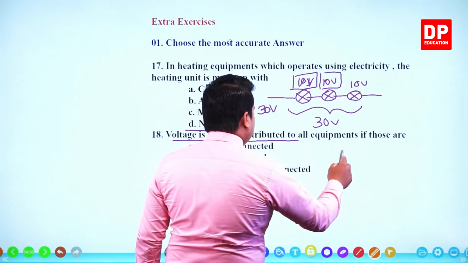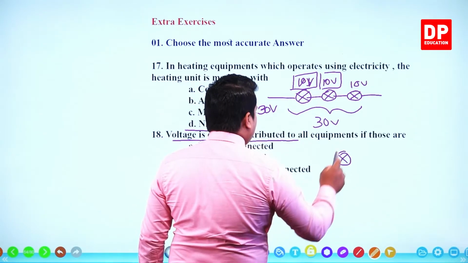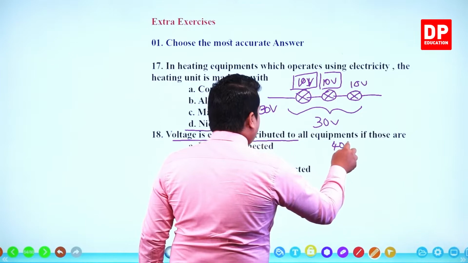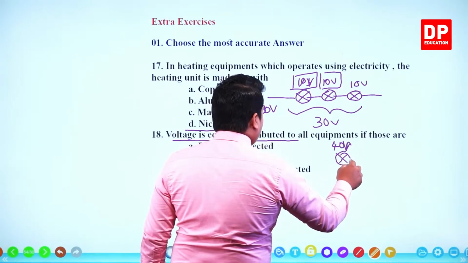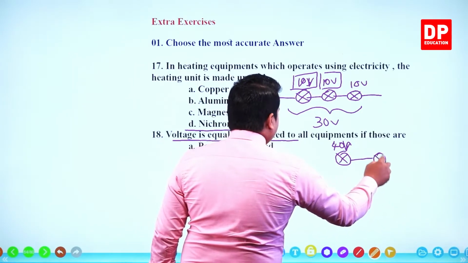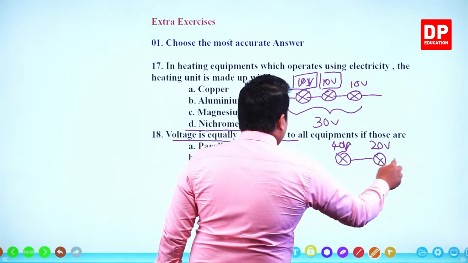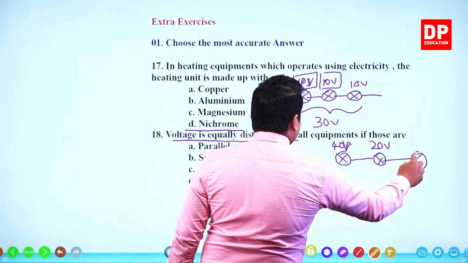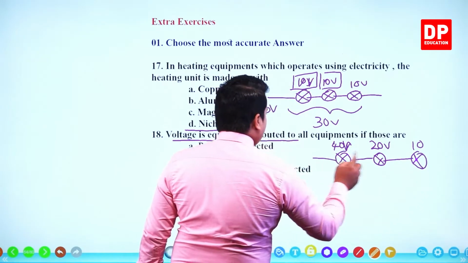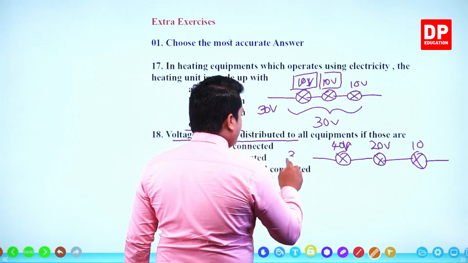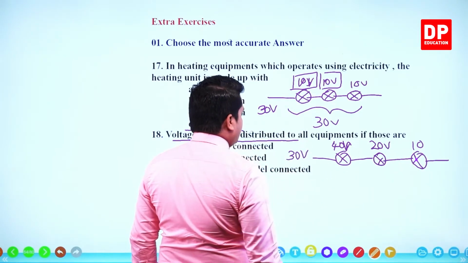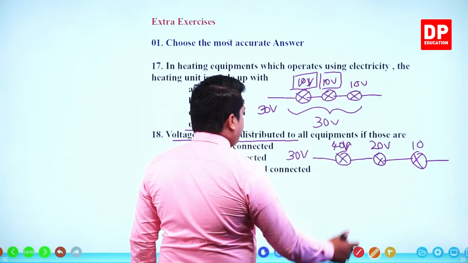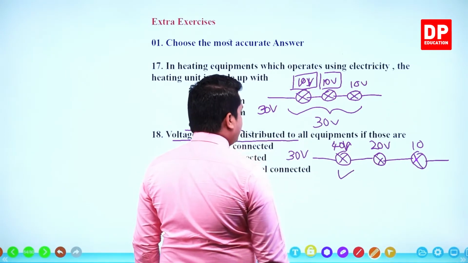But what happens if they are not identical? Let's imagine this is 40 and this is 20 and this is 10. Now my dear children, in this case, if I am going to provide 30 volts, only this bulb would light up.